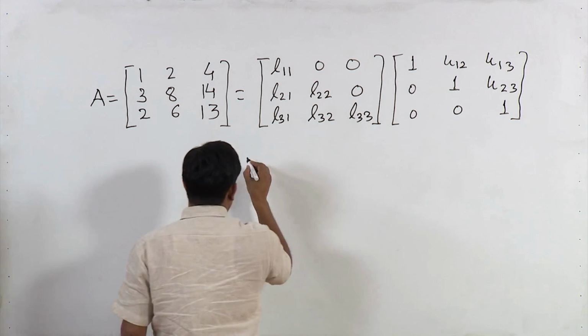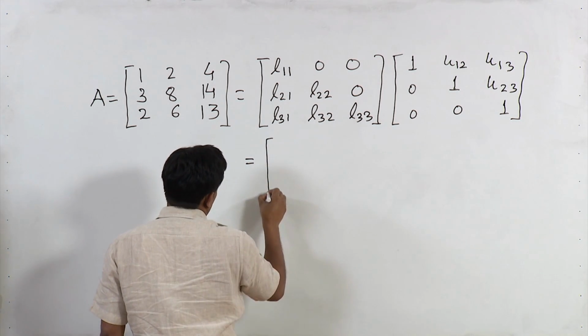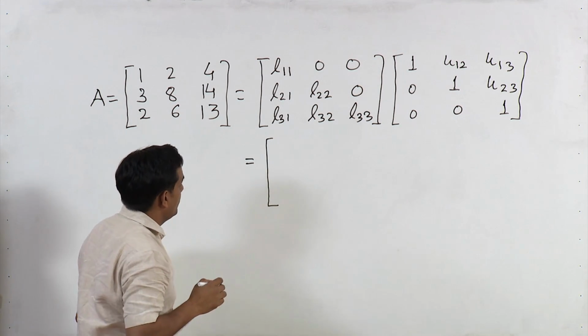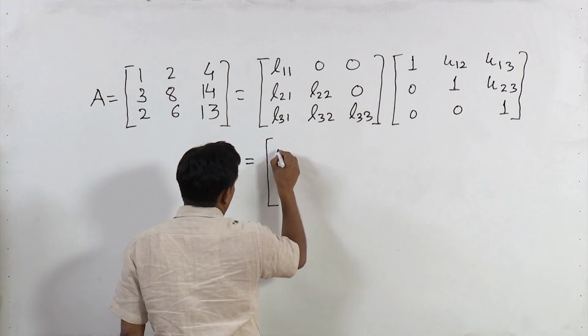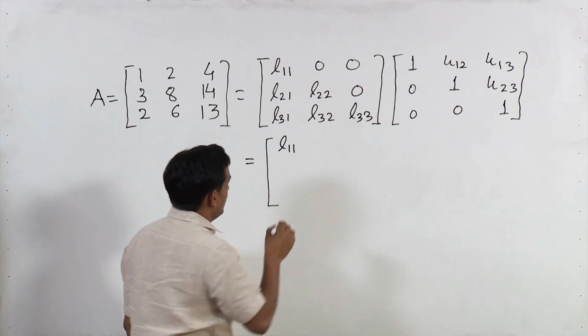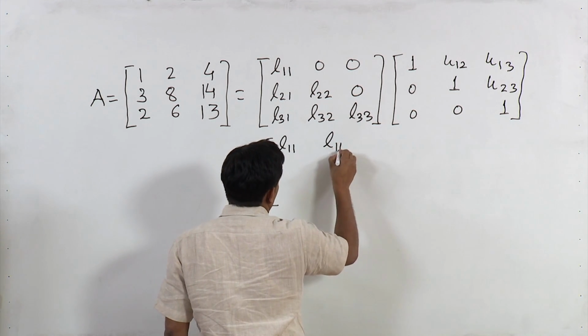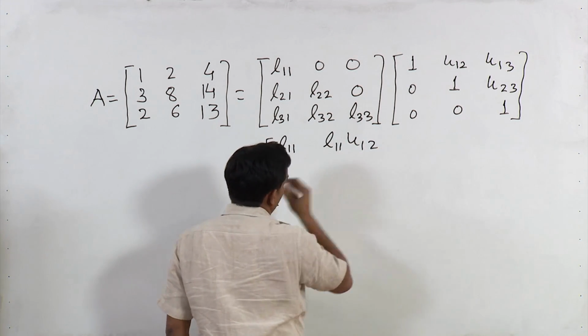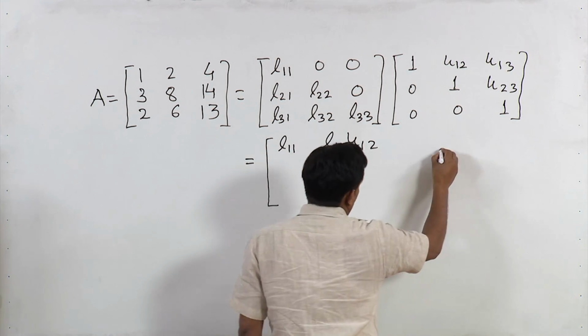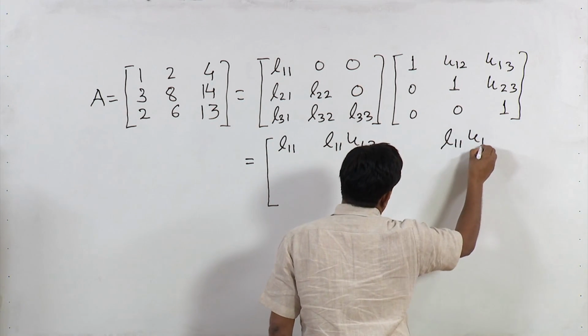Now, if I multiply these two matrices, the first element will be L11, the second element will be L11 U12, and the third element will be L11 U13.